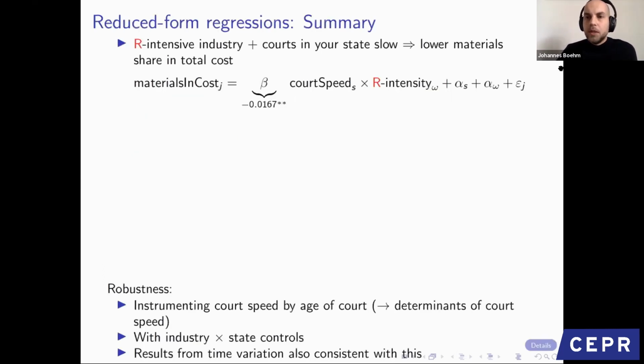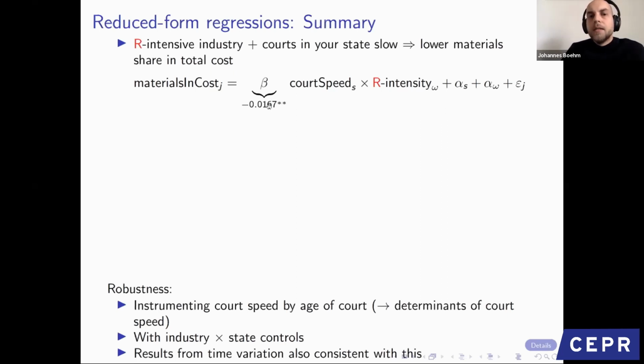So let me give you, in the interest of time, a short summary of the reduced form patterns that we find in the data. So the first regression, we regress materials share of the firms in total cost on an interaction of court speed by the state of the plant and some measure of how intensive the industry of the single product plant typically is in relationship specific inputs. Okay.